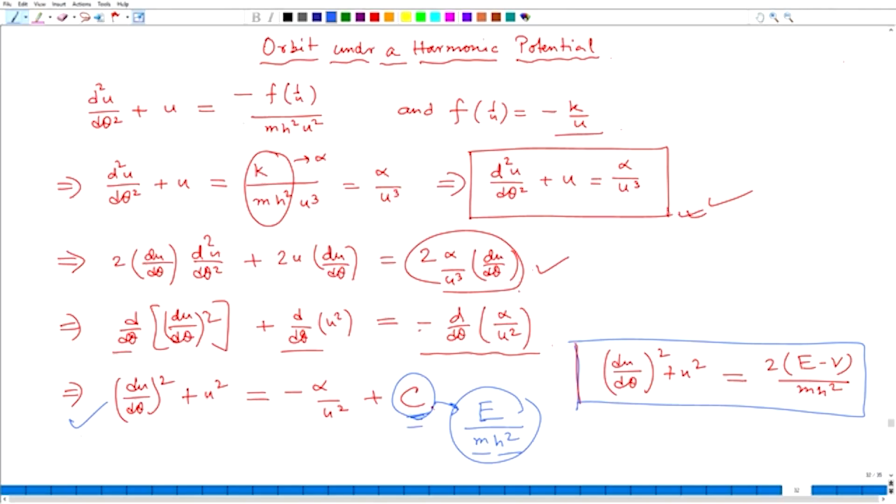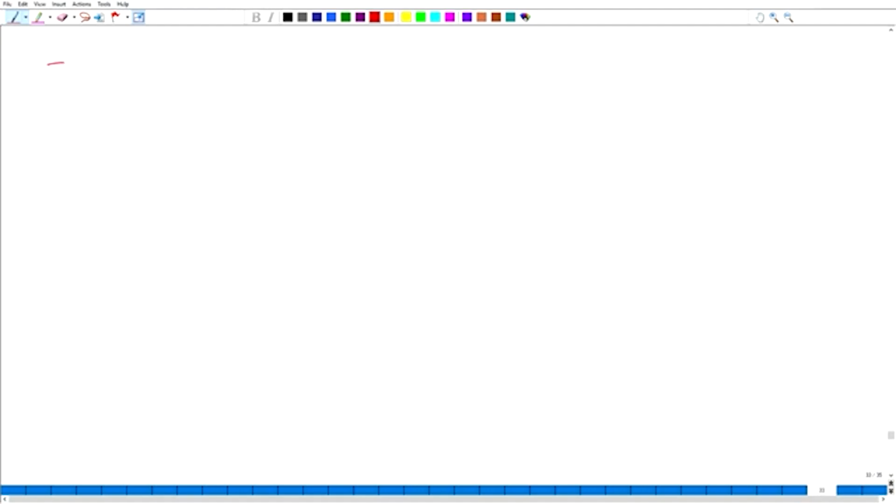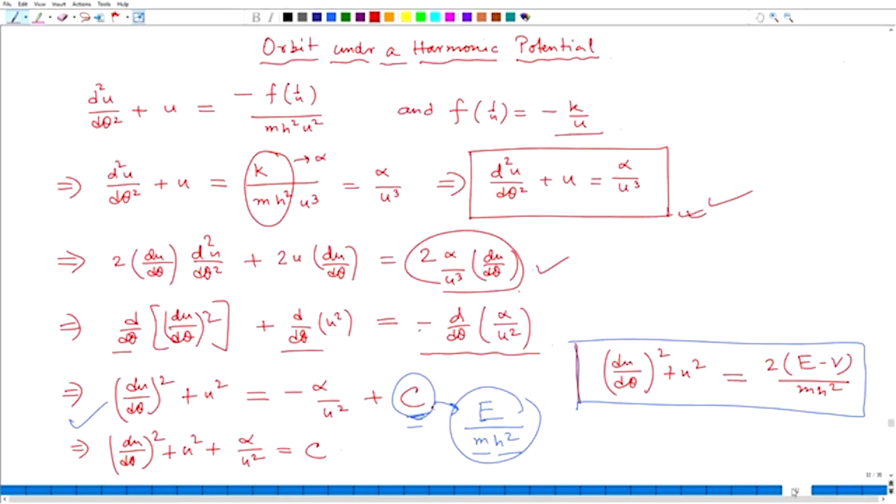So the next line will be (du/dθ)² plus u² plus α/u² is equal to C. Then I will again do some mathematical trick.